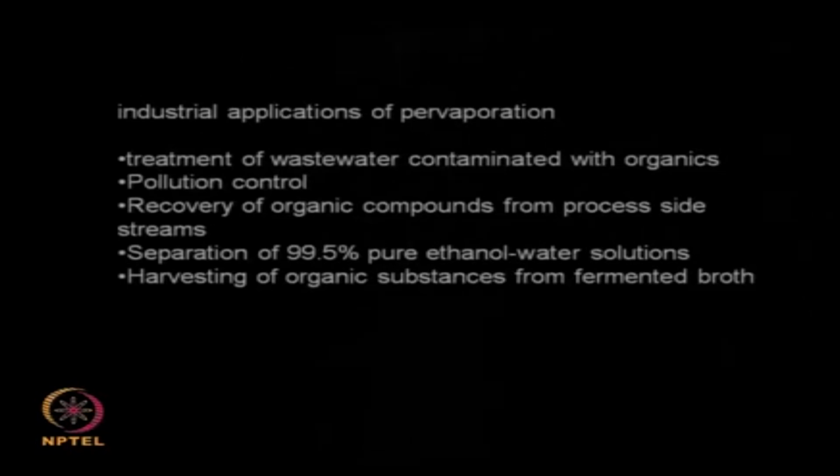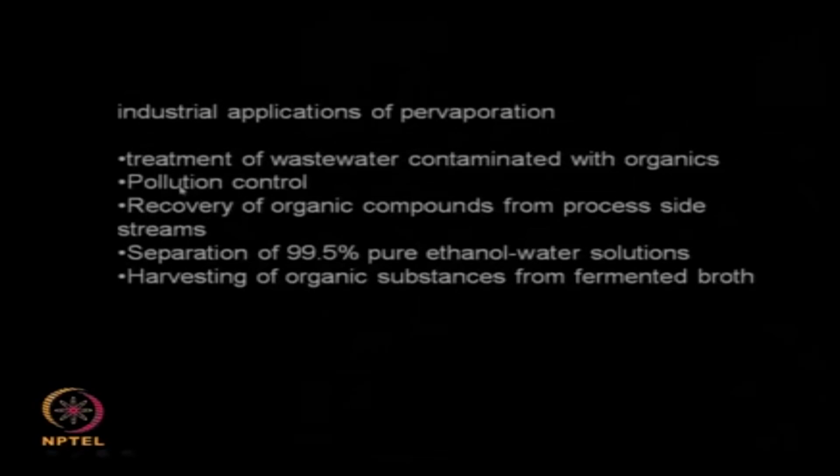So industrial applications of pervaporation are becoming larger and larger. It has been realized that it has a lot of advantages, so there are large scale installations of pervaporation. We can use it for treatment of wastewater contaminated with organics. I am just interested in removing some organic present, not a large amount, only a very small amount of organic contamination, and I want to remove it.